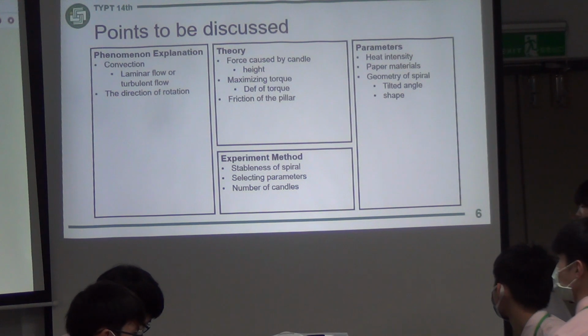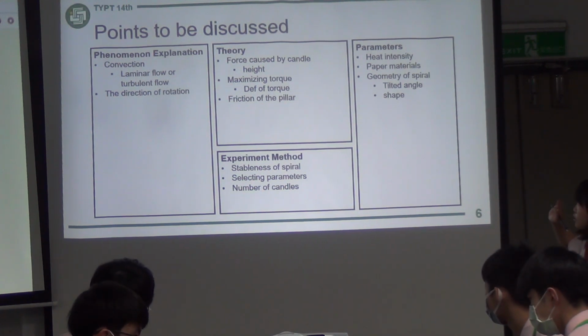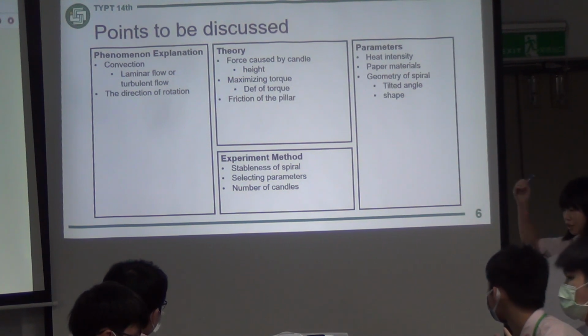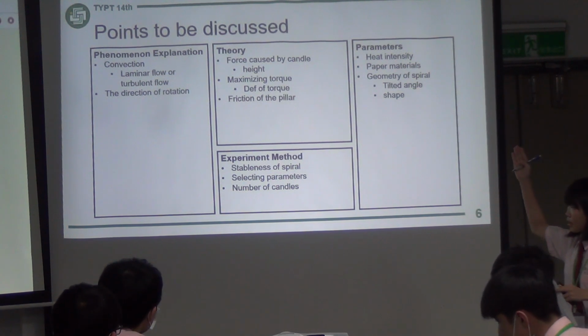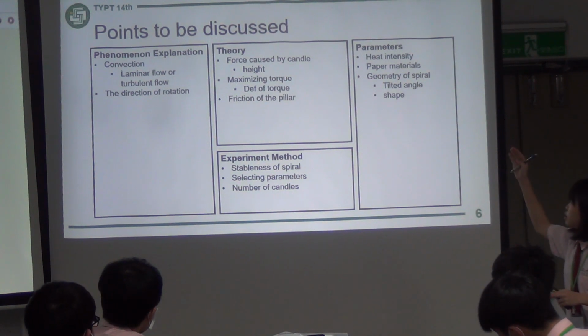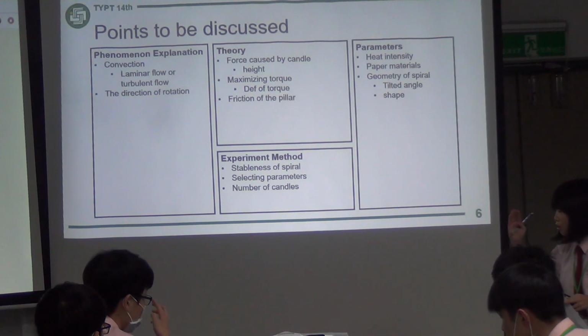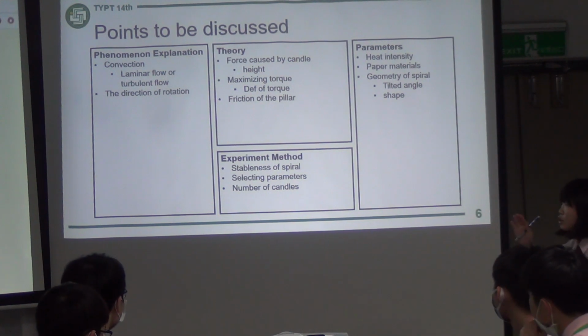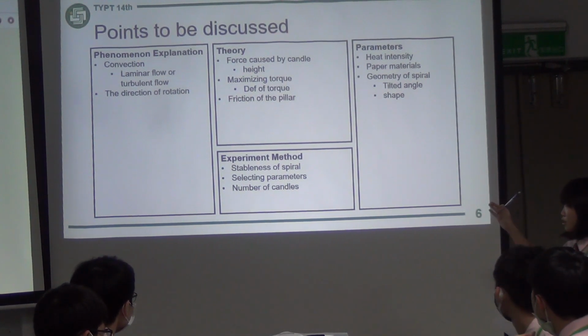First, we all know that when heat is being transferred, the height would also affect the actual heat that is being transferred. However, they left that out in their theory. Also, the theta of the tilting angle of the spiral would affect how much force is acted on the spiral, as they stated that F is something times sine theta.